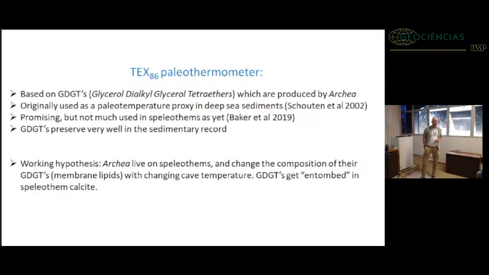They're basically everywhere. And it was originally proposed by Stefan Schouten in 2002 as a great temperature indicator in paleoceanography. You measure that stuff in marine sediments, and ta-da, you have temperatures.